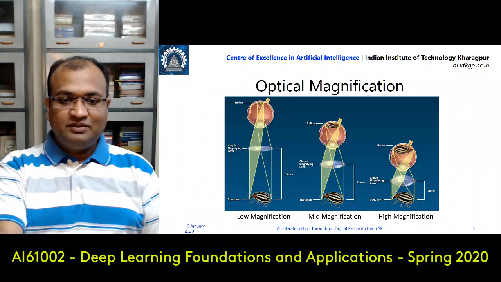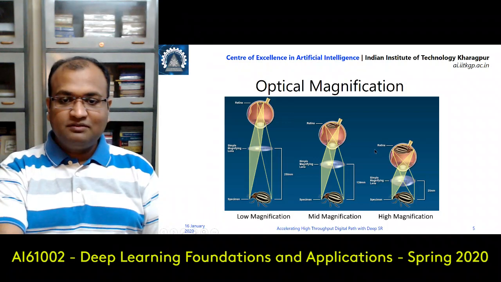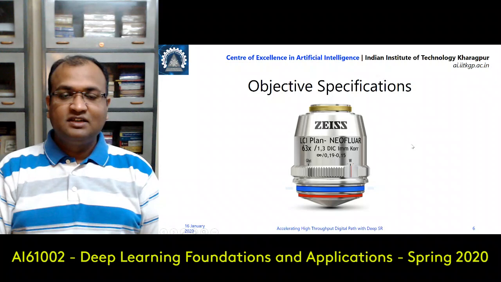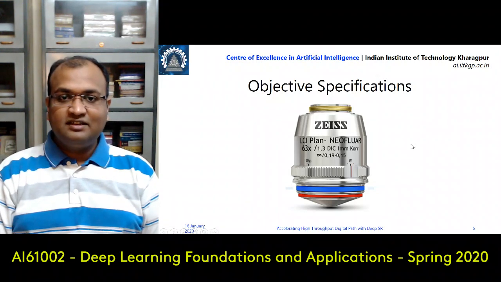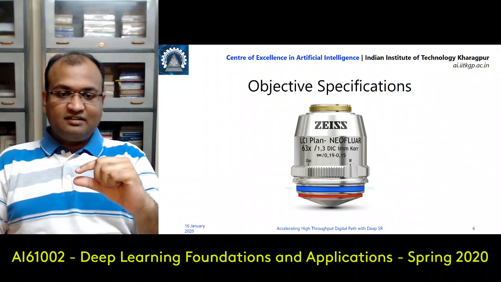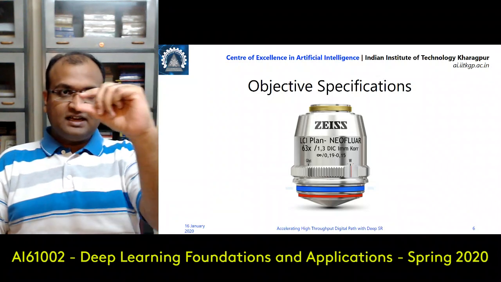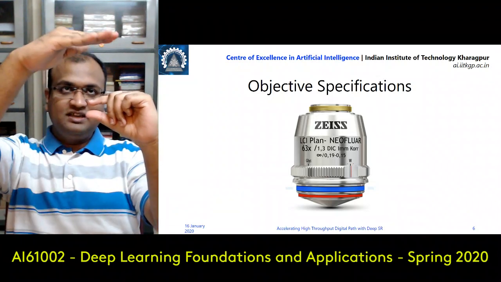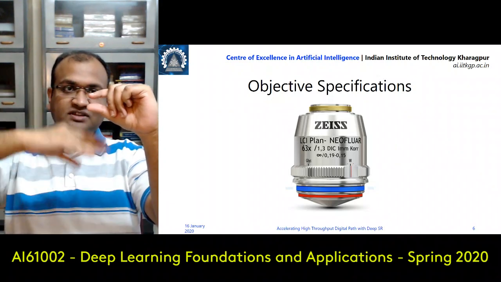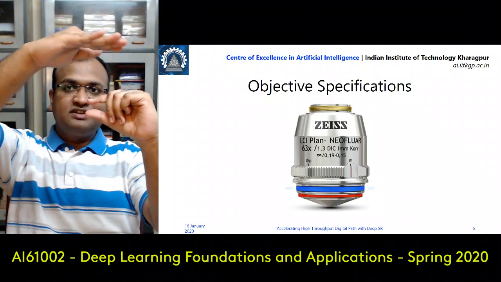So what we do in a very standard case is we use something called a compound lens structure within an objective. You have one lens, you cast an image from that lens, and now you put another lens somewhere over here, such that the image cast from the first lens becomes the object for this second lens.